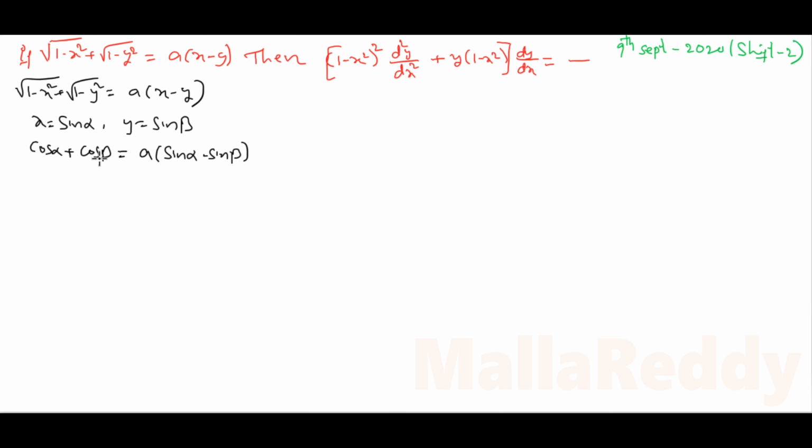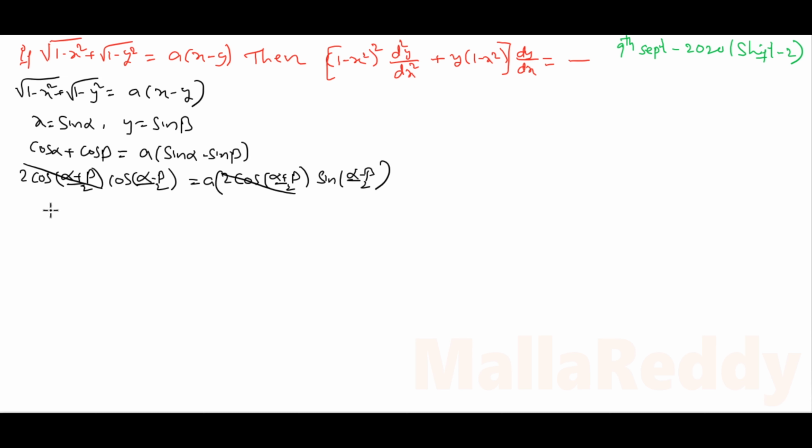Applying cos C plus cos D and sin C minus sin D formulas, 2 cos of alpha plus beta by 2 cos of alpha minus beta by 2 is equal to small a into 2 cos of alpha plus beta by 2 into sin of alpha minus beta by 2.